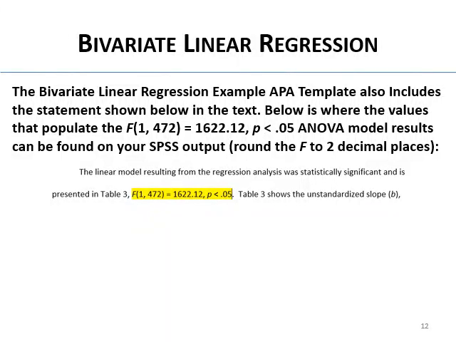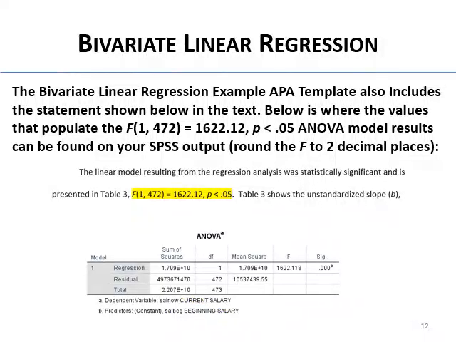Well, where does all this stuff come from? There's a table on the SPSS output called ANOVA, and it has the numbers that go into this. So that F(1, 472), then the F value, then p less than 0.05.